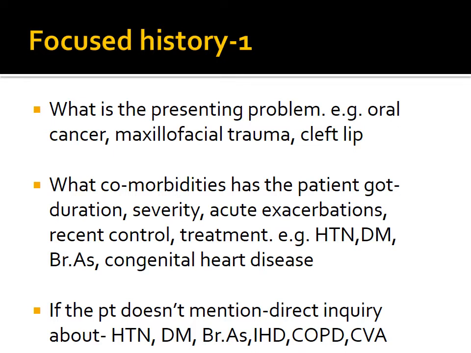For instance, even if the patient says, no, I have no other medical problems, it is still important for you to ask, if it is an adult patient, whether you have got high blood pressure, diabetes, bronchial asthma, heart diseases like ischemic heart disease or cardiac failure, chronic obstructive pulmonary disease, strokes, since those are serious illnesses which can have a serious impact on your surgery and anesthesia.